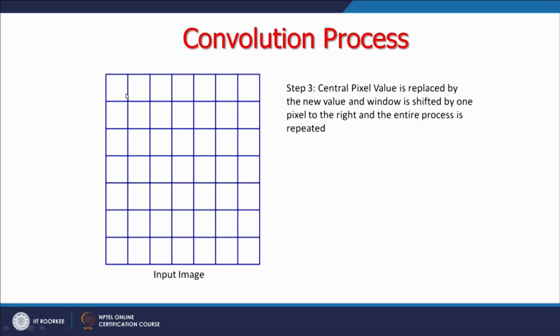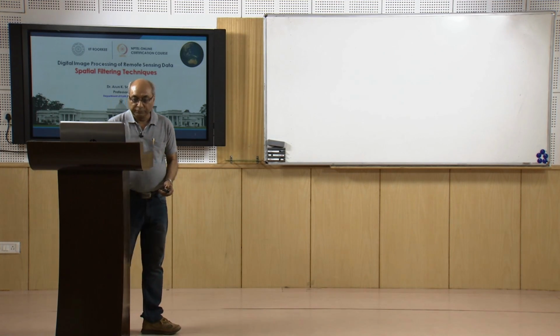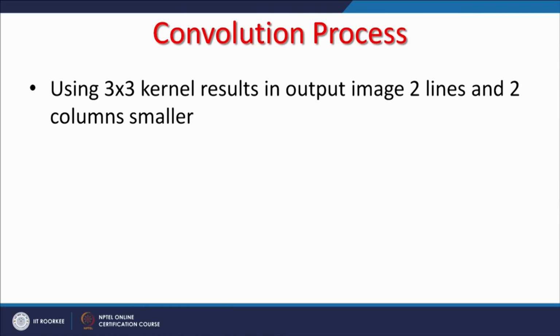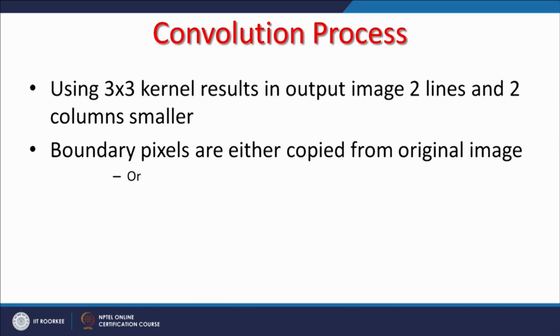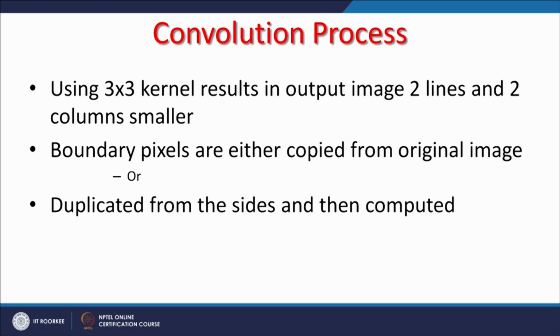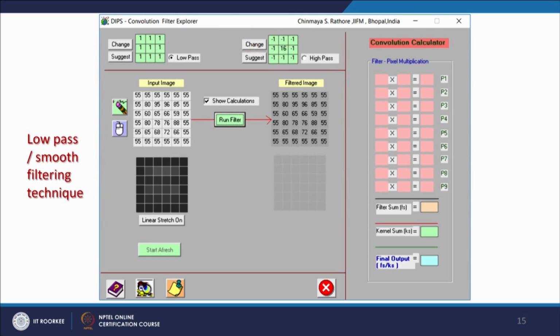So the first column and first row pixel cannot be done for all the corners and on the sides as well. And likewise it goes till the end, and for the last pixel it is calculated. So, using a 3 by 3 kernel results in an output image that is 2 lines and 2 columns smaller. The boundary pixels are either copied from the original image or duplicated from the side and then computed.